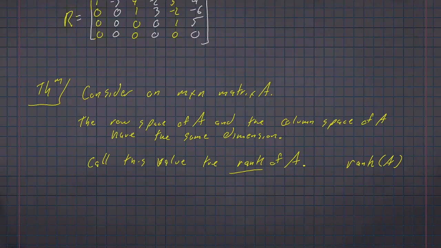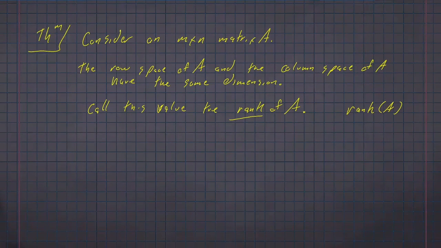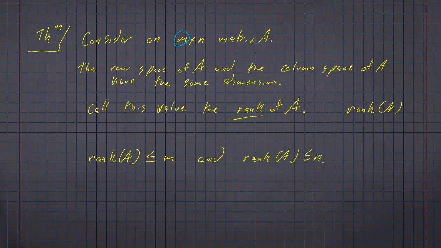Interesting, quick thing about rank that's actually going to come up again later on in the course. The rank of A is less than or equal to M, and the rank of A is less than or equal to N, where M and N are the number of rows and the number of columns in the matrix.